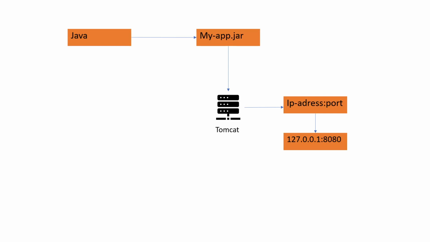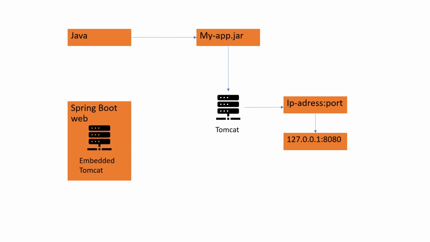Now Spring Boot, not Spring, Spring Boot, the web module comes with an embedded Tomcat in it. So when you have a Spring Boot web module, it will do all these steps for you. It will download a Tomcat and embed it in your application and it will start your application on a particular port.